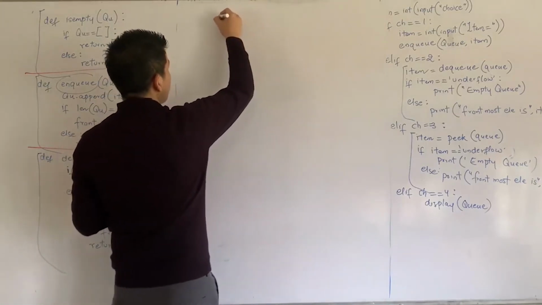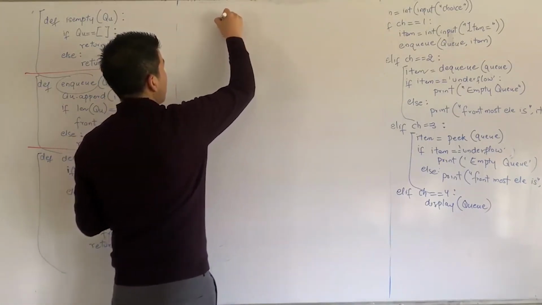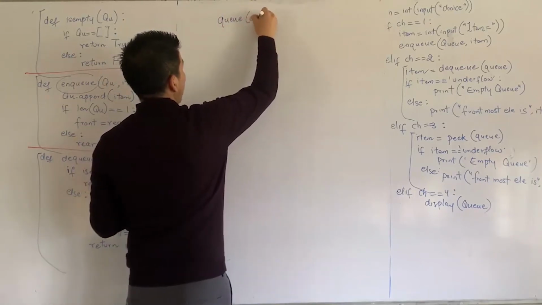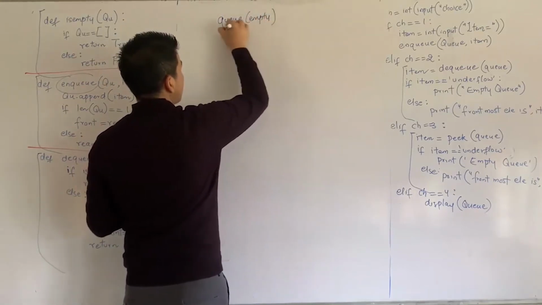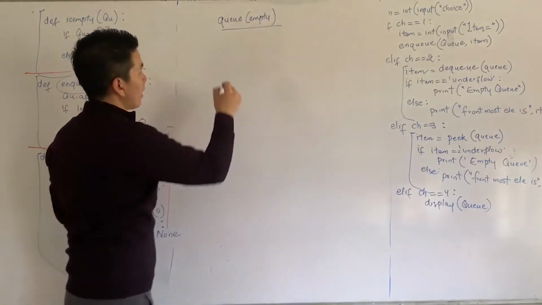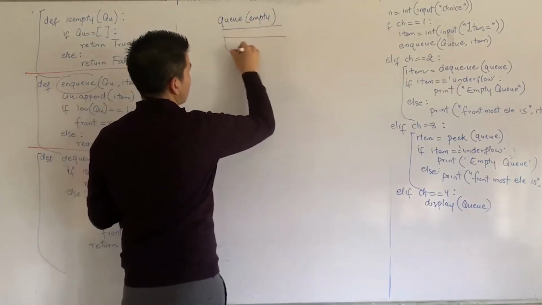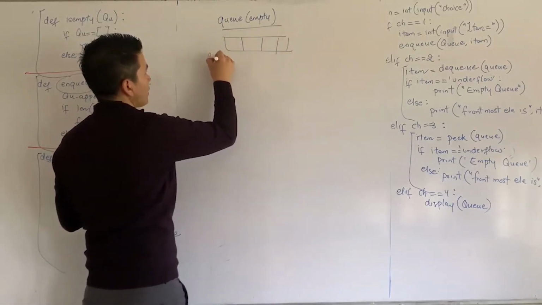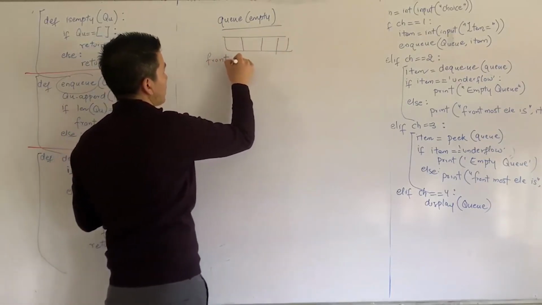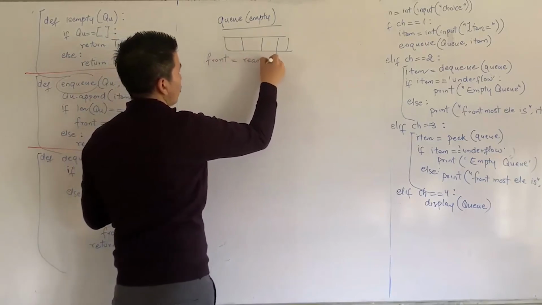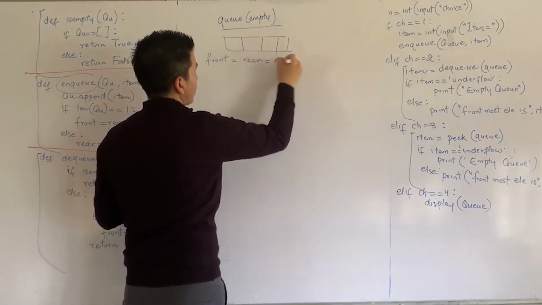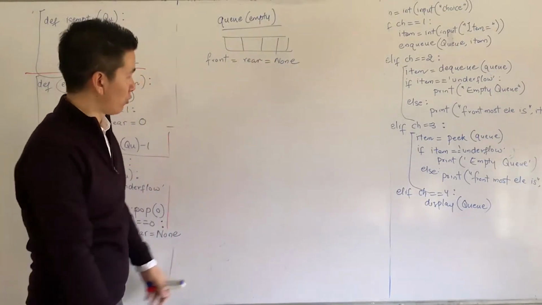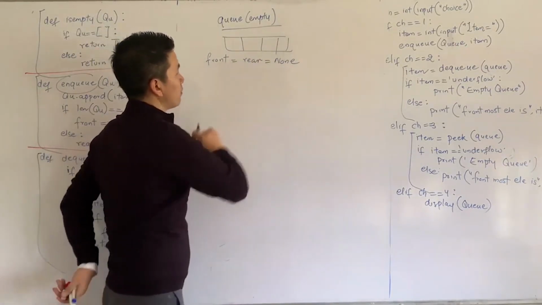Say Q is empty at the start, and it will look something like this. It's completely empty, and front and rear both values should be none. So this should be the initial status of the Q.